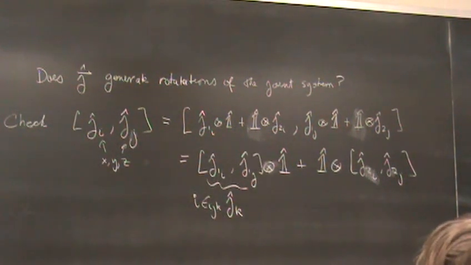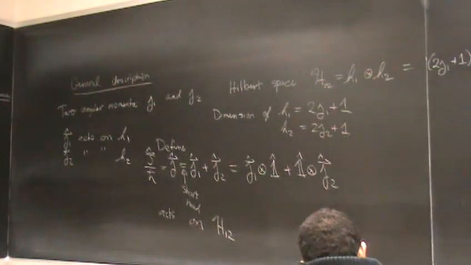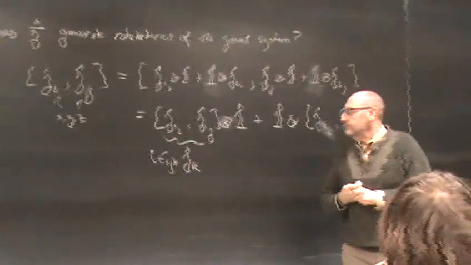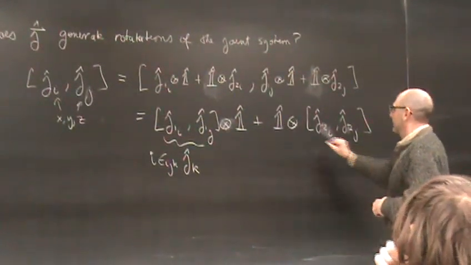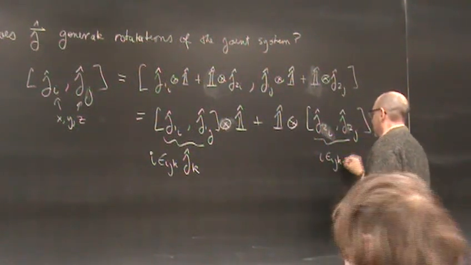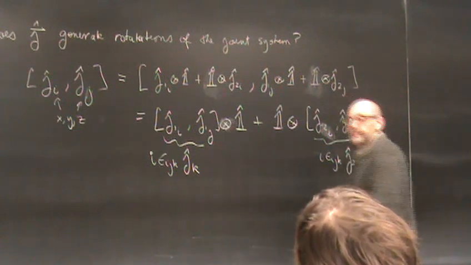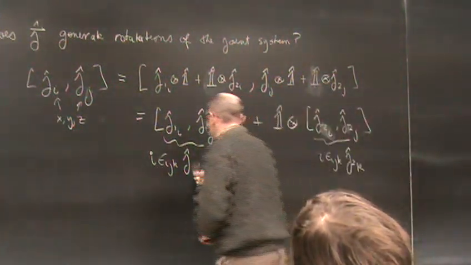This is really the angular momentum over h bar, so I've divided out the h bar. And similarly, this is I epsilon I J K, J2 sub K.